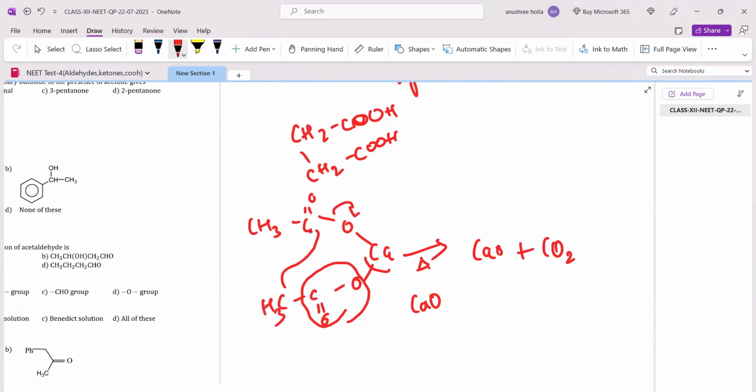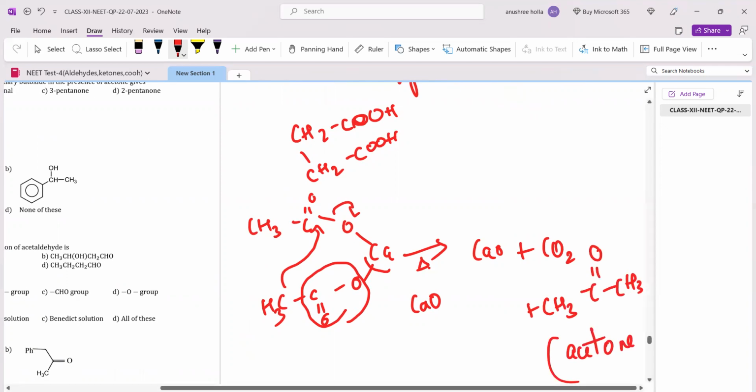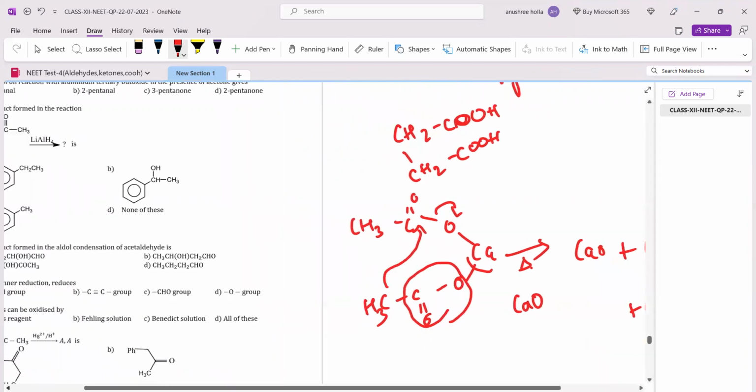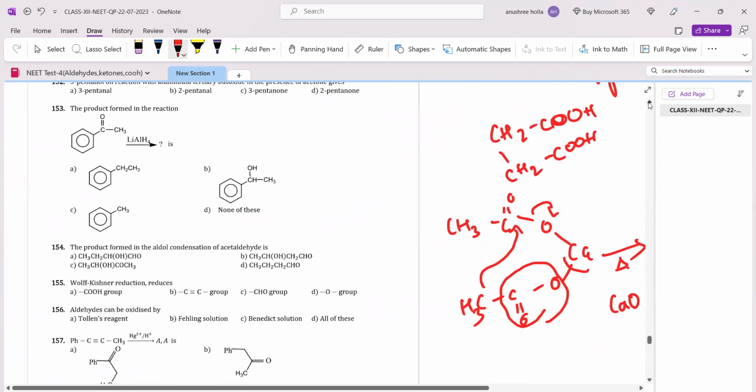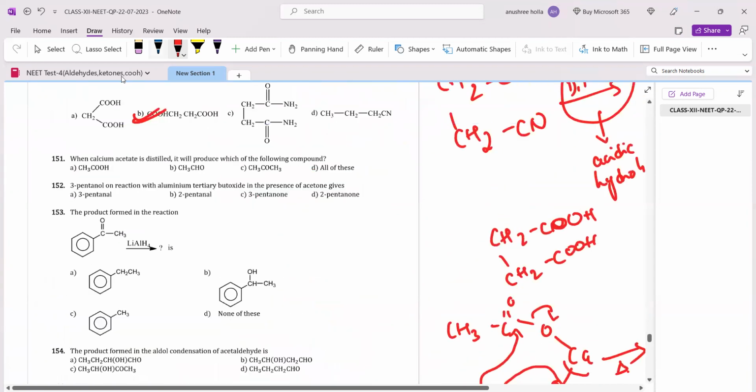So now this CH3 will attach to this carbonyl carbon. So you'll get acetone, a ketone, as the product. So the product should be acetone. So it should be option C.